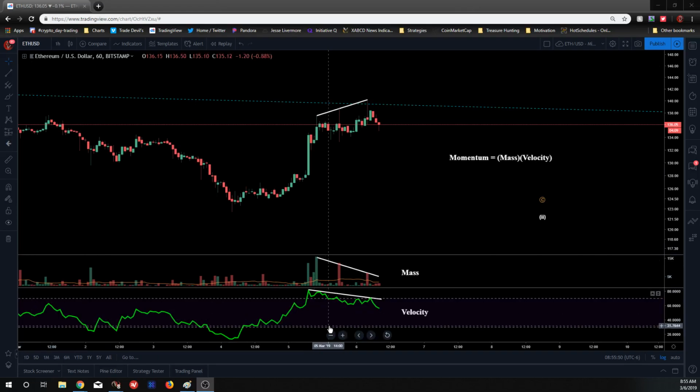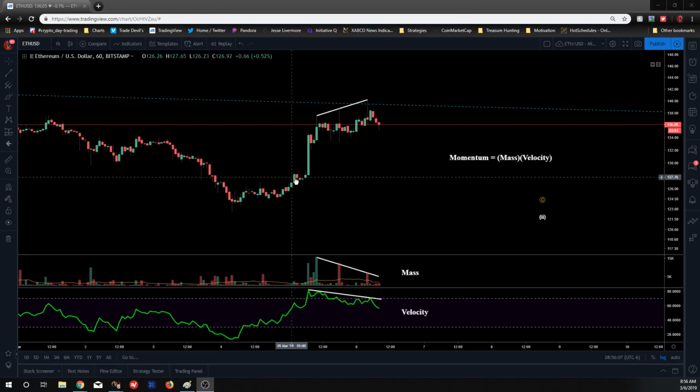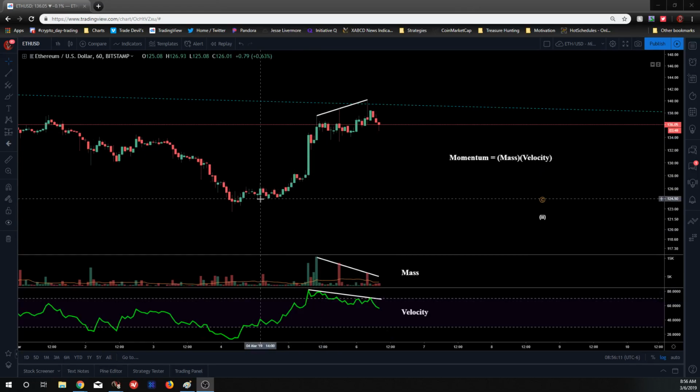A lot of people will refer to the RSI indicator as a momentum indicator, which in my opinion is incorrect. What I believe is this is actually a velocity indicator. The reason I think that is because if you look here, you see this massive spike up. What the RSI is doing is taking the average gain divided by the average loss.